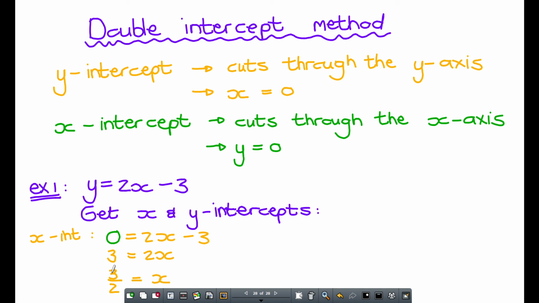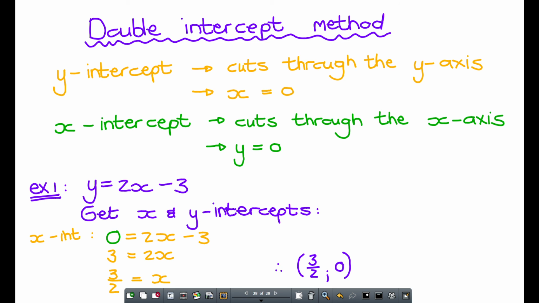It means it's going to cut the x-axis at 3 over 2. If you had to write it in coordinate form, you would say bracket, what's my x value? 3 over 2, semicolon. What's my y value? 0. You guys good?